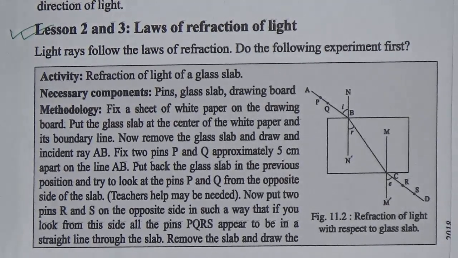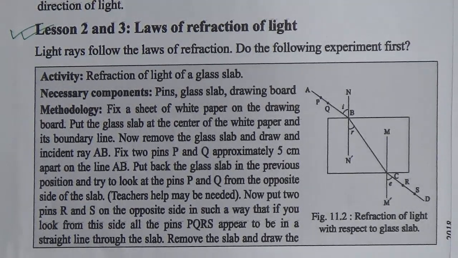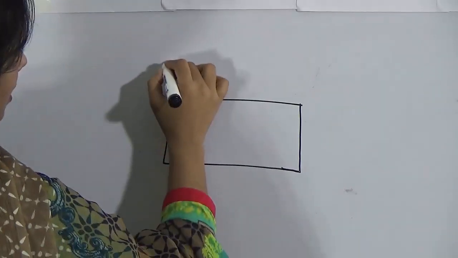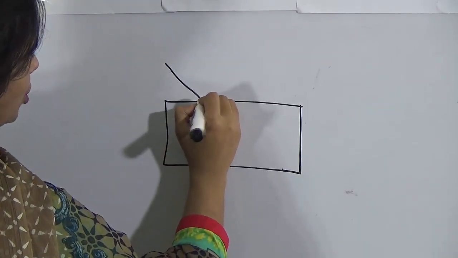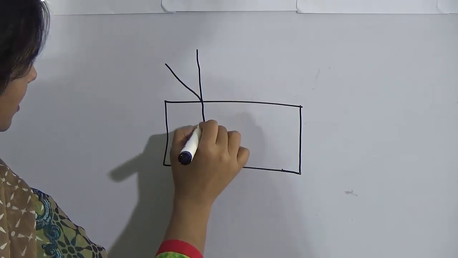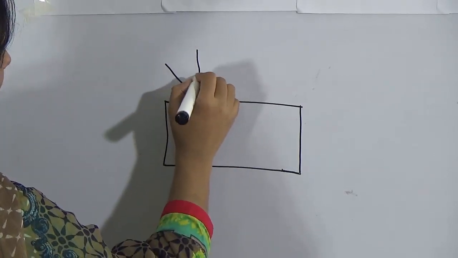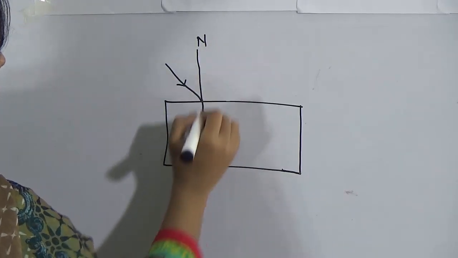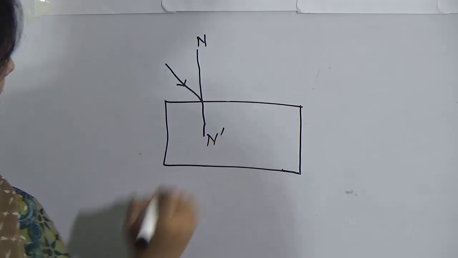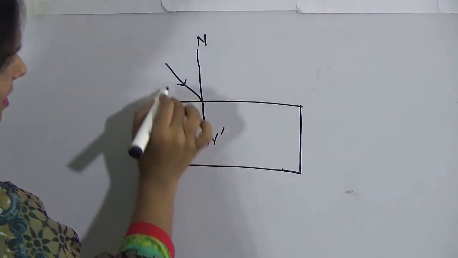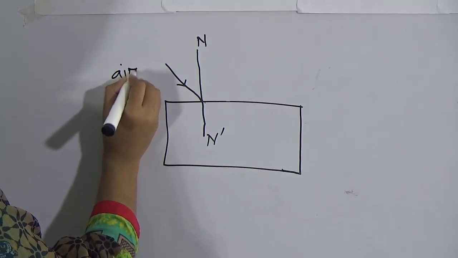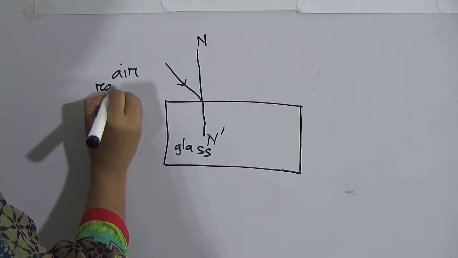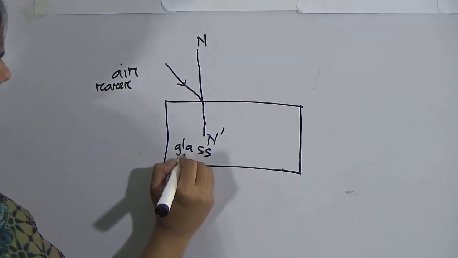If this is the glass slab and we put a pin here, this perpendicular is known as the normal, N prime. Then this is air, this is glass; this is the rarer medium, this is the denser medium.